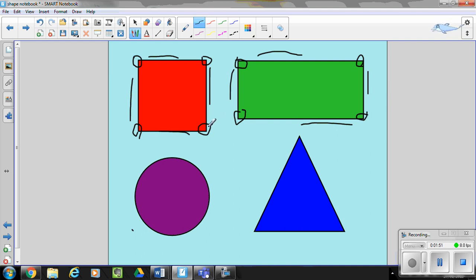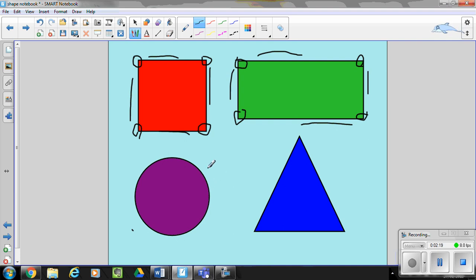So a square and a rectangle both have 4 sides and 4 corners, but from looking at the shapes, they don't look exactly the same, and that's because our rectangle has got 2 longer sides and 2 short sides. So it's not the same as a square, which the length of the sides are the same. The rectangle has got 2 longer sides and 2 shorter sides.